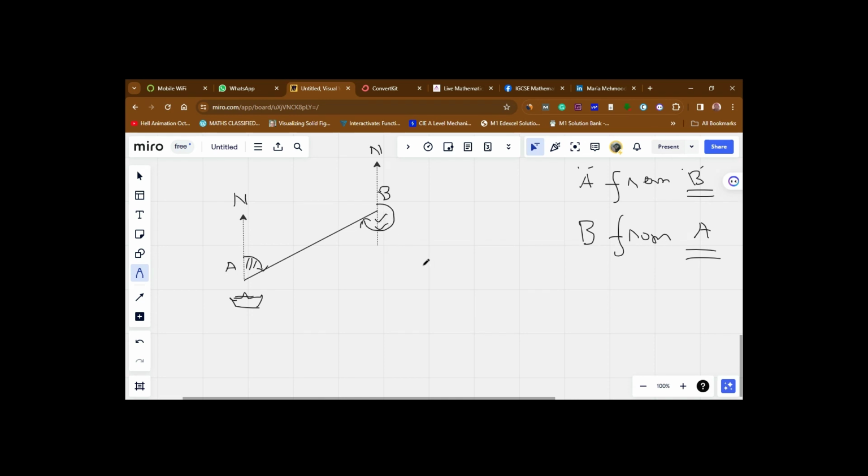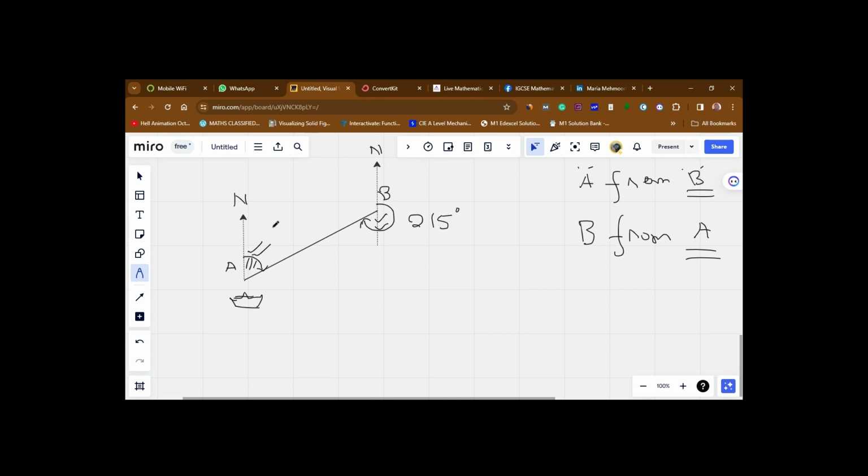Remember, the bearing angle is always expressed in 3 digits. For example, if this bearing value is 215 degrees, it is written like this. It is a reflex angle, so of course it is going to be in 3 digits. But over here, this bearing angle is clearly an acute angle, so it would be in 2 digits, and you have to write the bearing in 3 digits.